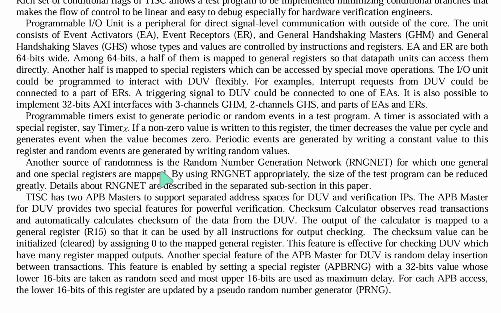Another source of randomness is the random number generation network, RNGNet, for which one general and one special register are mapped. By using RNGNet appropriately, the size of the test program can be reduced greatly.